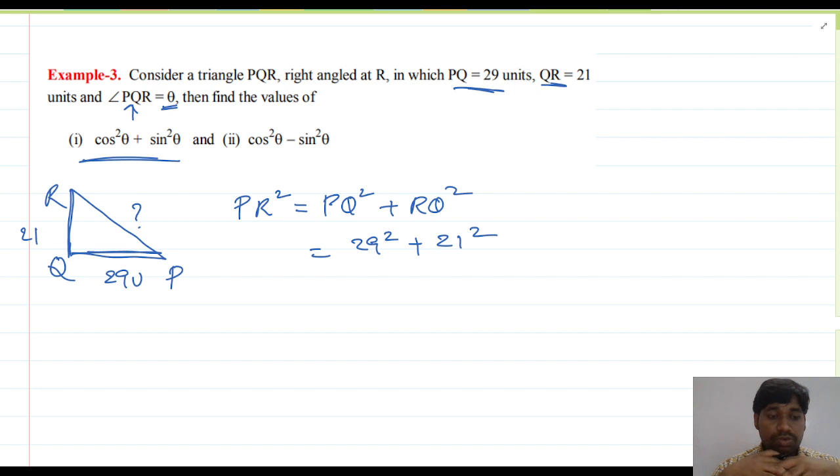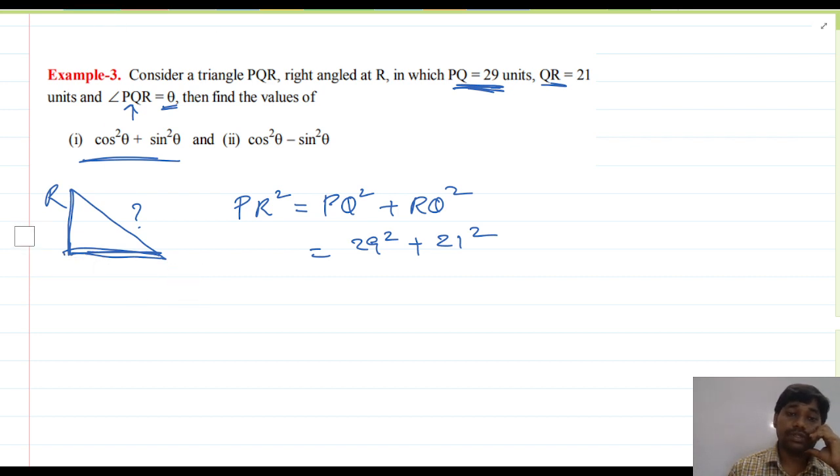PQ 29 units, I think there is some mistake in the question. Okay, PQ is 29, in the sense PQ became this. The question has some mistake. The angle at Q was given, I took the vertex as this, so the question does not have the mistake, I myself made the mistake. Wait a moment.